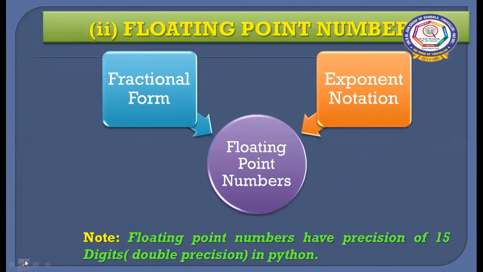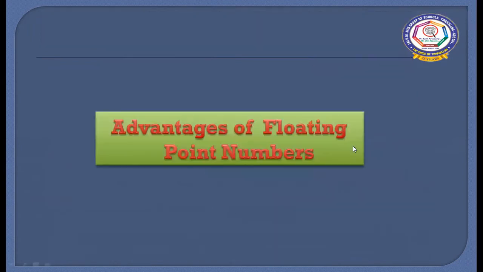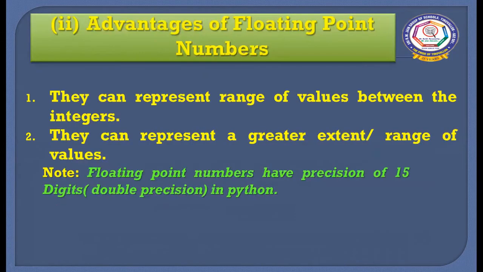So what are the two different types of floating point numbers? Floating point numbers can be represented in two forms. One is the fractional form, the other one is the exponent form. So what is the advantage of using floating point numbers?